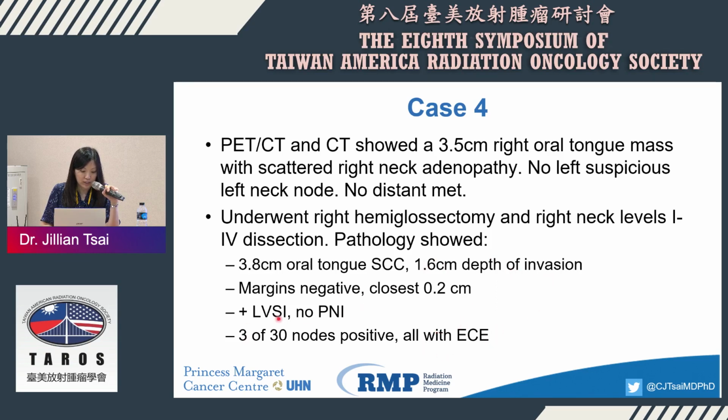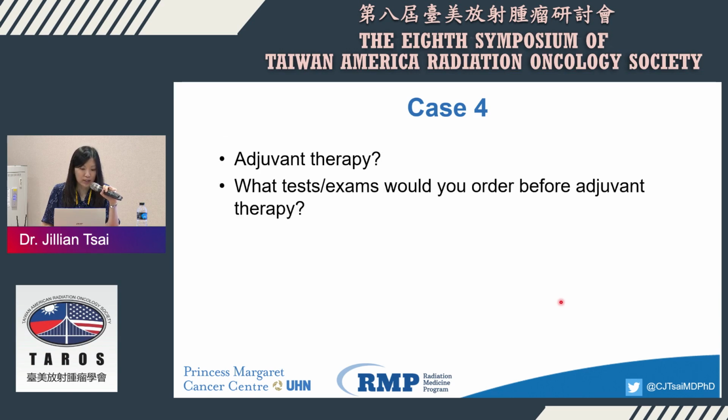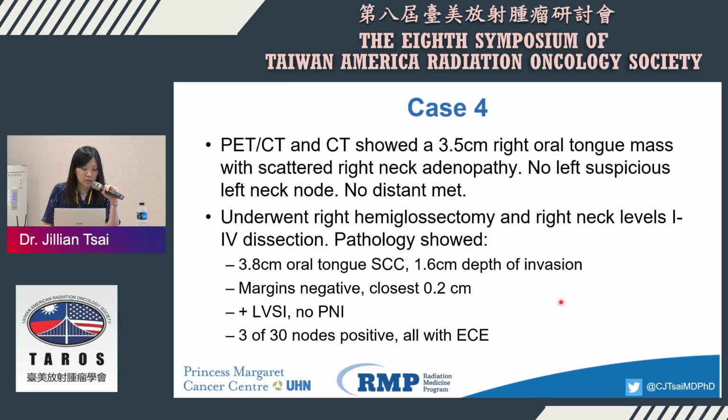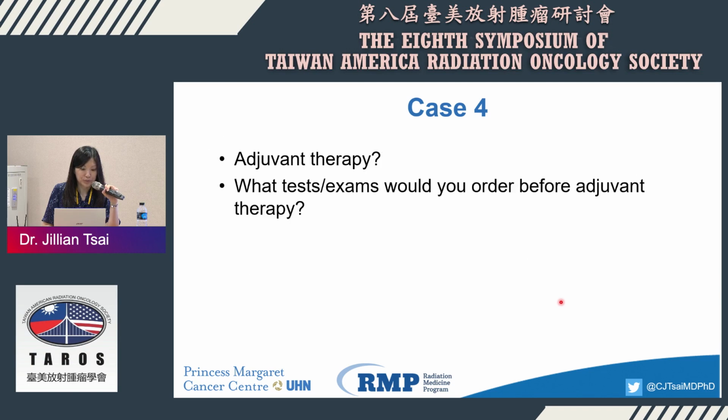Margins negative, LVSI, no PNI, 3 lymph nodes, ENE, so N3B because of extranodal extension. All right, so this is a very advanced oral tongue cancer with significant depth of invasion, close margin, LVSI, extranodal extension.